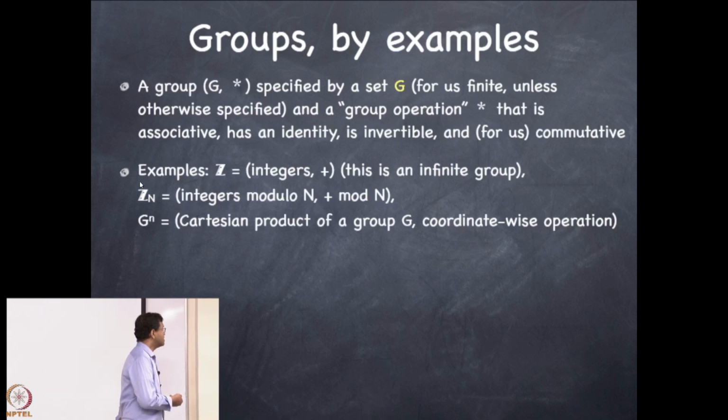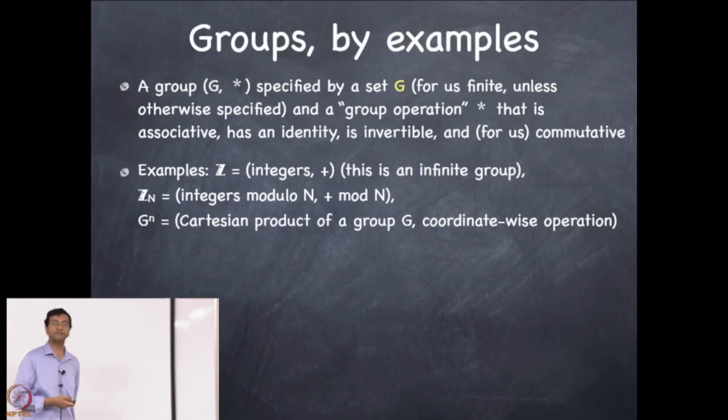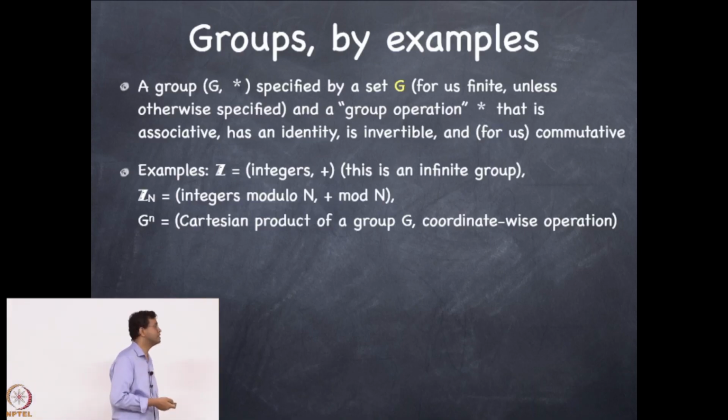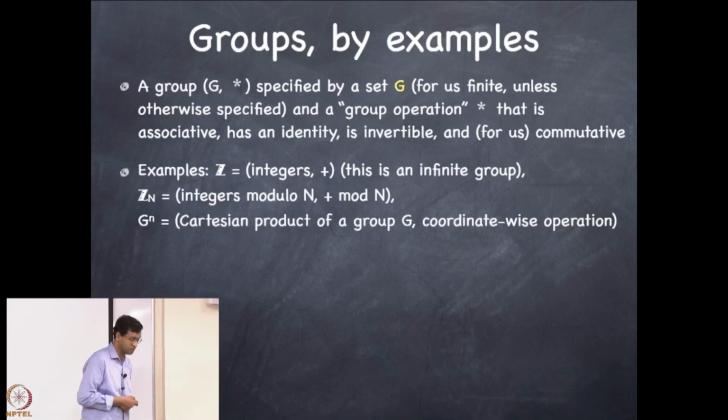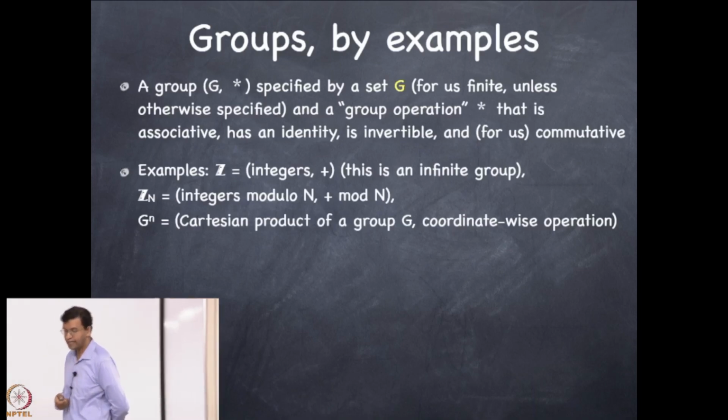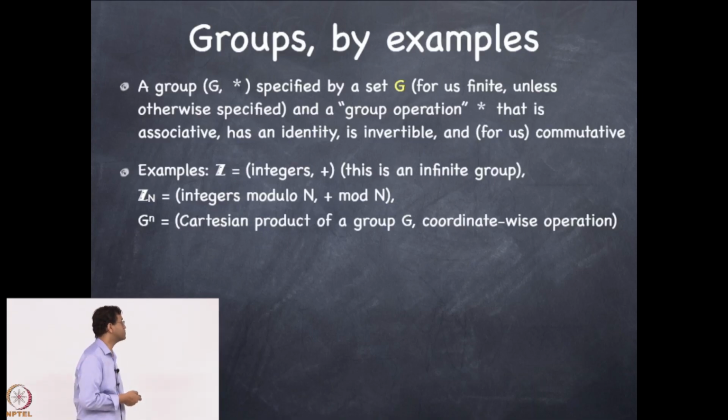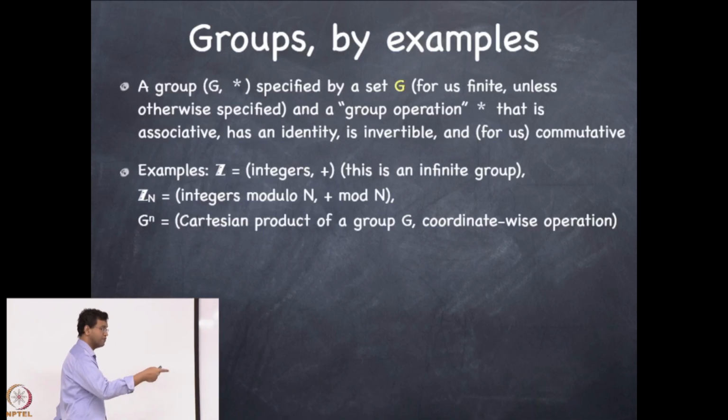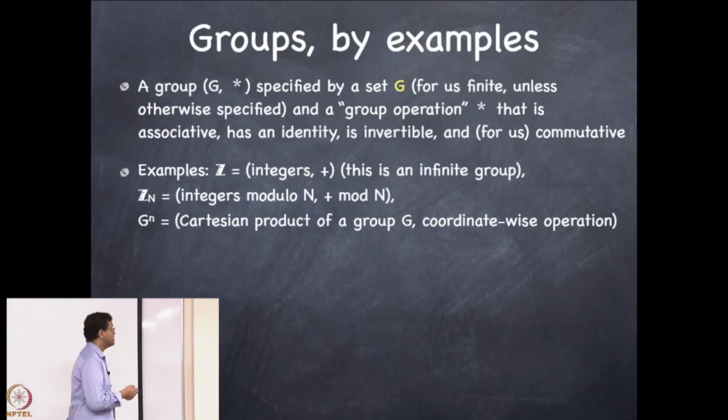A little more useful thing for us is finite groups, groups which are not infinite. An example of such a group is Zn, which simply stands for integers modulo n. So it's the numbers 0, 1, 2, 3 up to n minus 1, and the group operation is addition modulo n.